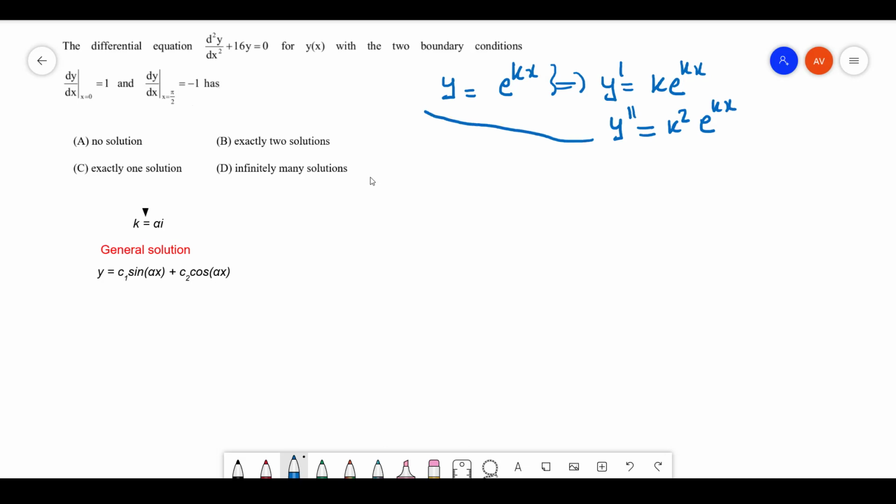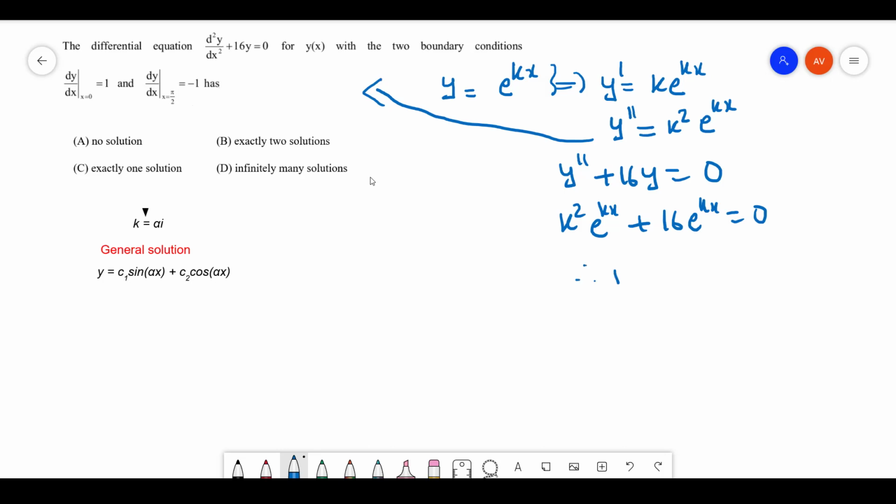Let's use these values in this differential equation, that is y double dash plus 16y is equal to 0. So k square e raised to kx plus 16 e raised to kx is equal to 0. Therefore you get k square plus 16 into e raised to kx equal to 0.